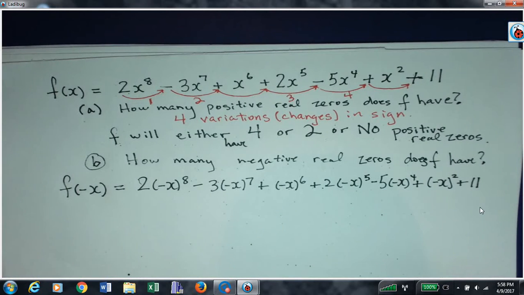Okay, but I cannot apply Descartes' rule of signs yet. I can't start counting sign changes until I get this written without parentheses.